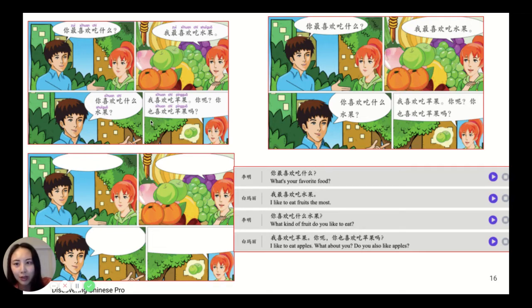So here is a version of animations with characters and pinyin, and here is with characters only. This one is with just the chat bubble so that students can fill in the conversation with their imagination using the language they know and have learned. And here is a plain text conversation.